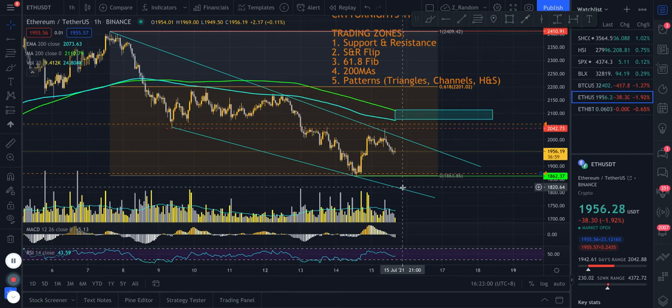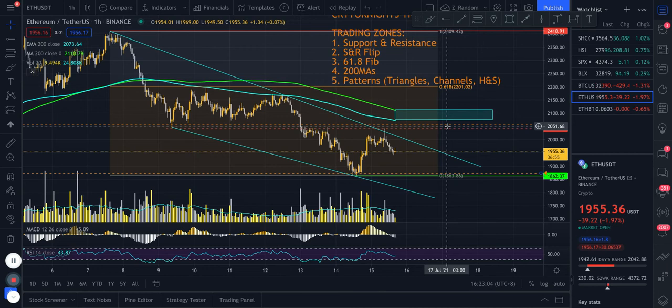And the reason why it's important to have these levels marked out, another reason I suppose, is because this way I don't have to be looking at the chart all the time, right? Now that I've done this, I can walk away. I can do other things with my life. I can work on my launch pad. So I'm actually working on a Cardano launch pad project at the moment.